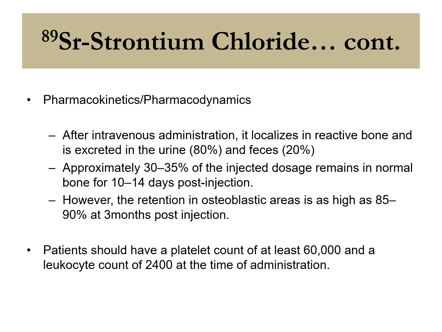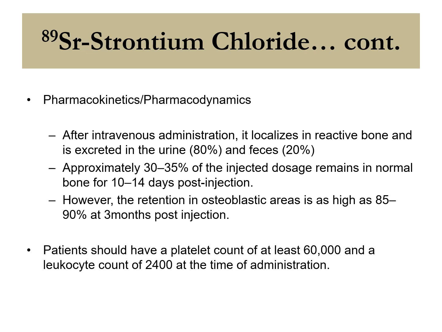After IV administration, it localizes in reactive bone and is excreted in the urine, about 80%, and in the feces, about 20%. 30 to 35% of the injected dose remains in normal bone for 10 to 14 days post-injection. However, the retention in osteoblastic areas is as high as 85 to 90% at 3 months post-injection.